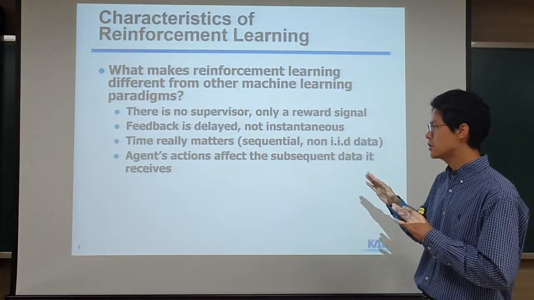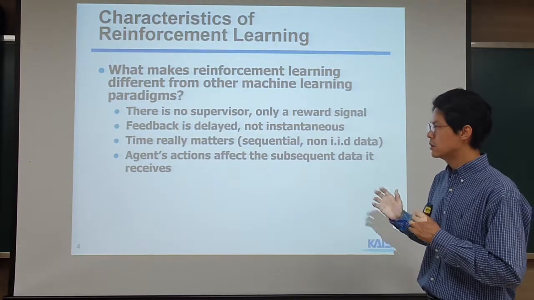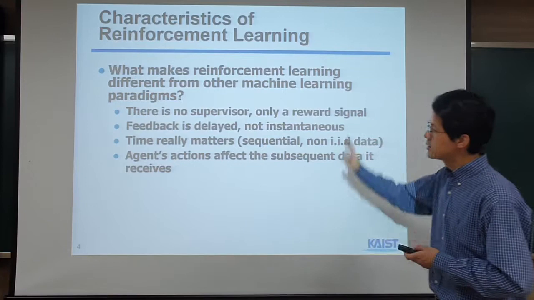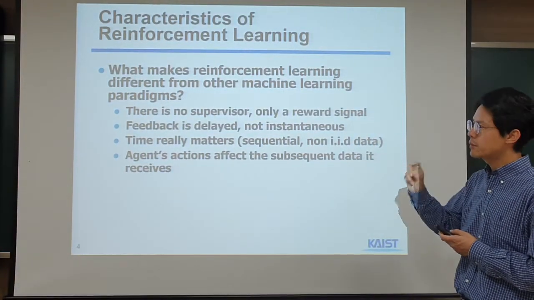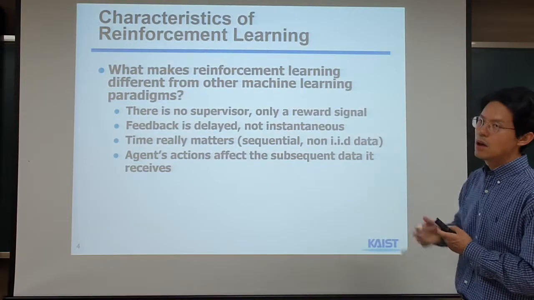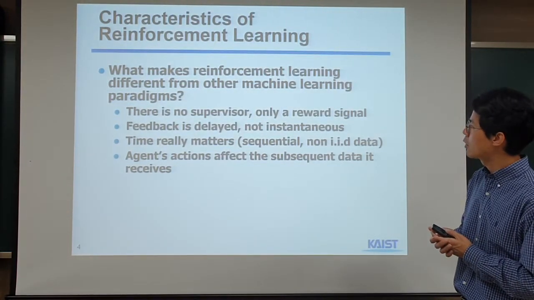In other words, there is some correlation, which is also related to the issue that time really matters. These are some of the characteristics, and also the technical challenges, that we need to be concerned about when performing reinforcement learning.